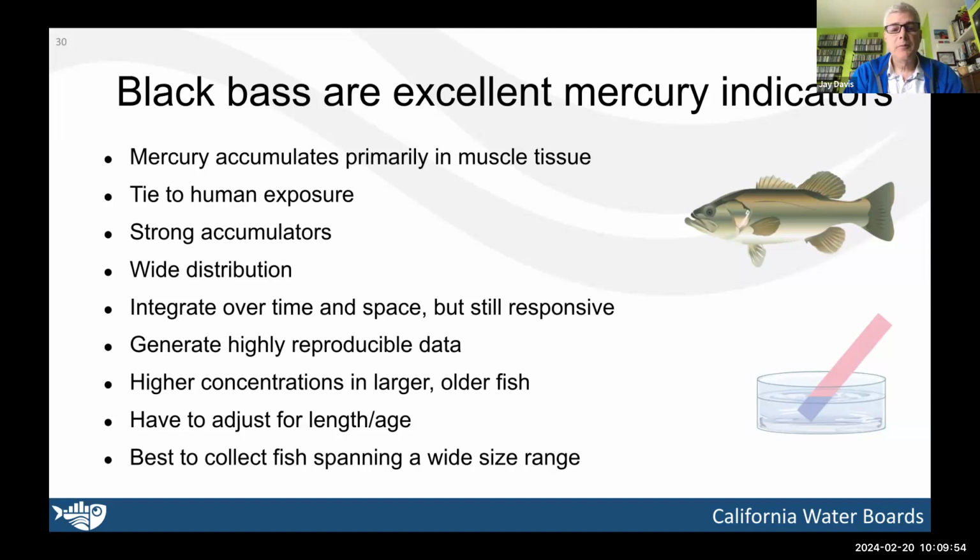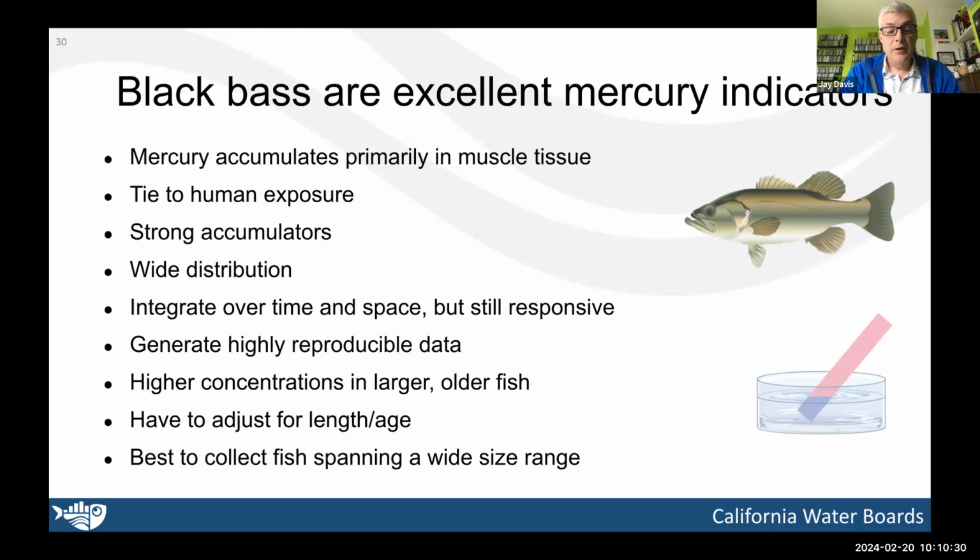So the bass that are relatively large and long-lived and at the top of the food chain have high levels of mercury. They have a tie to human exposure. They accumulate very high levels relative to other species. They're very widely distributed, as I showed in that map earlier. They integrate over time and space, but are still very responsive. And they generate highly reproducible data if you collect them the right way.